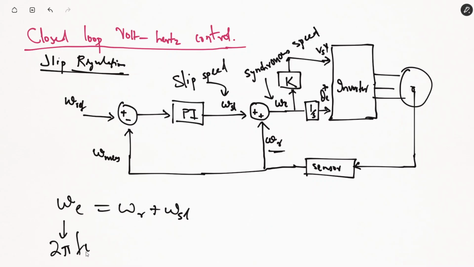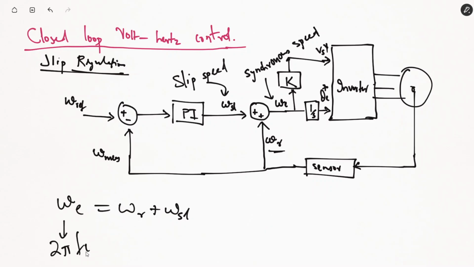From that we can derive Vs through the use of gain K again, as I told you in open loop control. So using frequency we are deriving Vs as well as theta E. Here the gain K has the same function as in the previous case, to keep the ratio V by F constant.